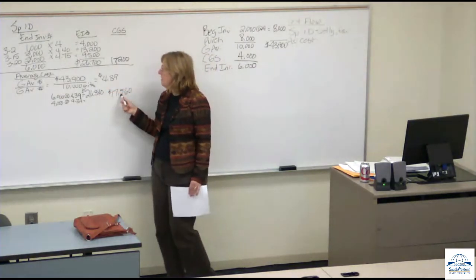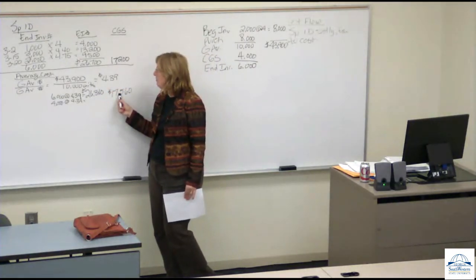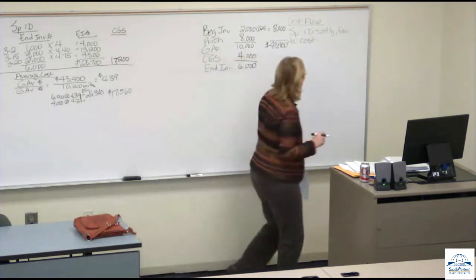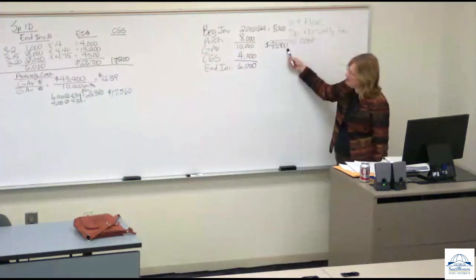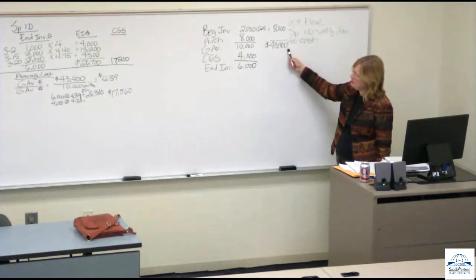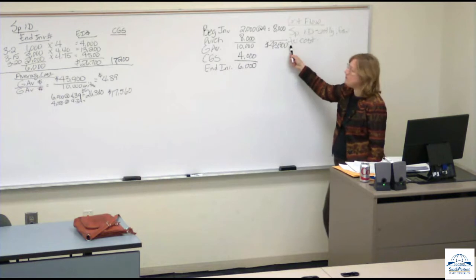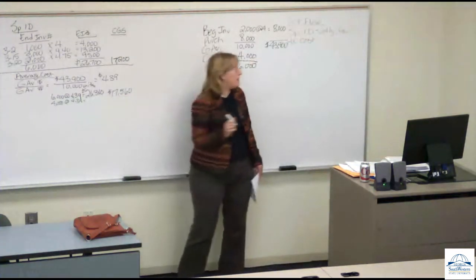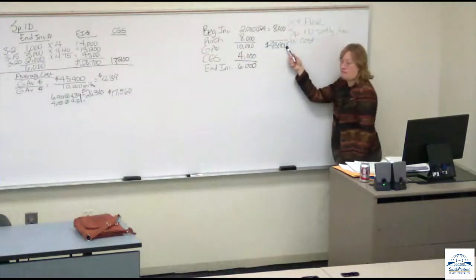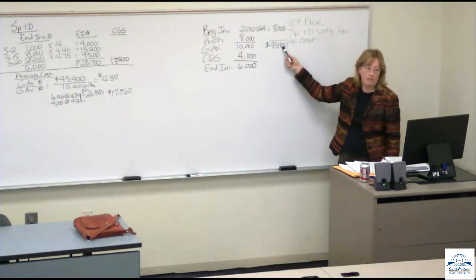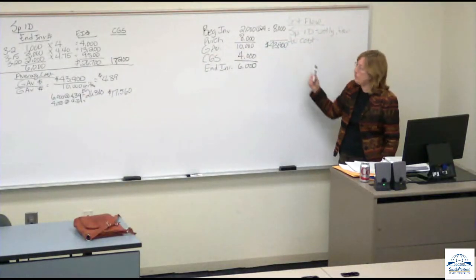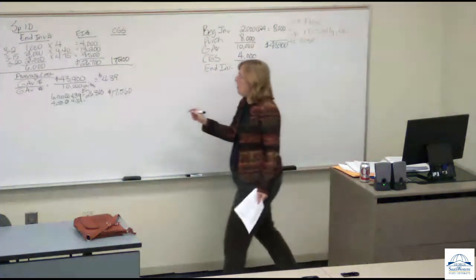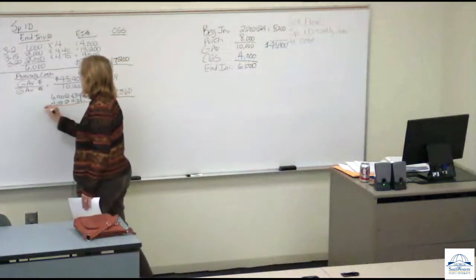So does this and this add up to 43.9 like it's supposed to? See how these two things right here are supposed to add up to 43.9, right? And they do, right? Okay. All right, so that's average cost.